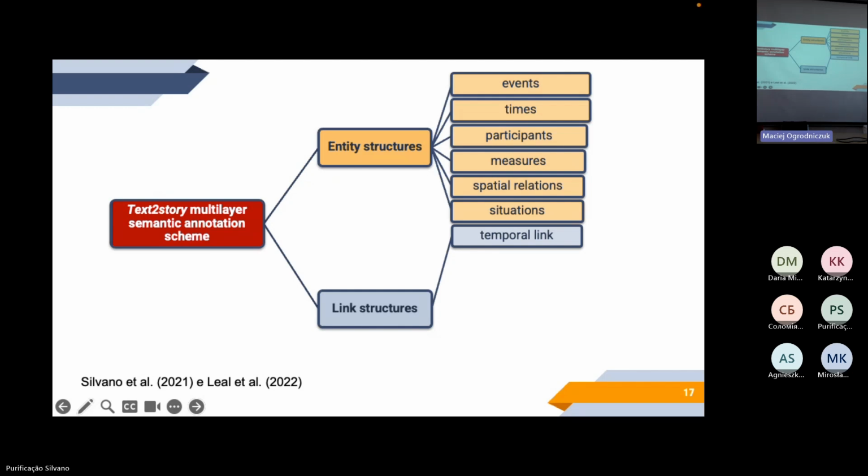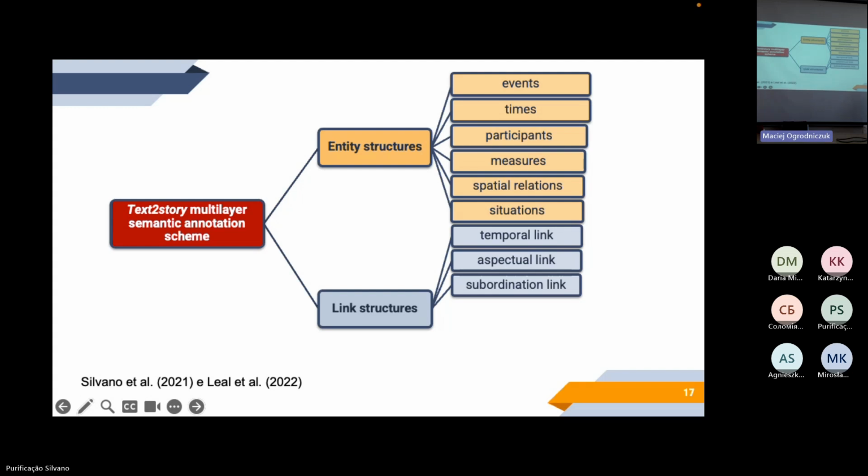So what types of link structures do we have in our annotation scheme? We have temporal links, of course. We have aspectual links. These two allow us to represent the temporal and aspectual properties of events. We also have subordination links that allow us to capture some subordination relations between sentences, like John bought a car to travel to Portugal.